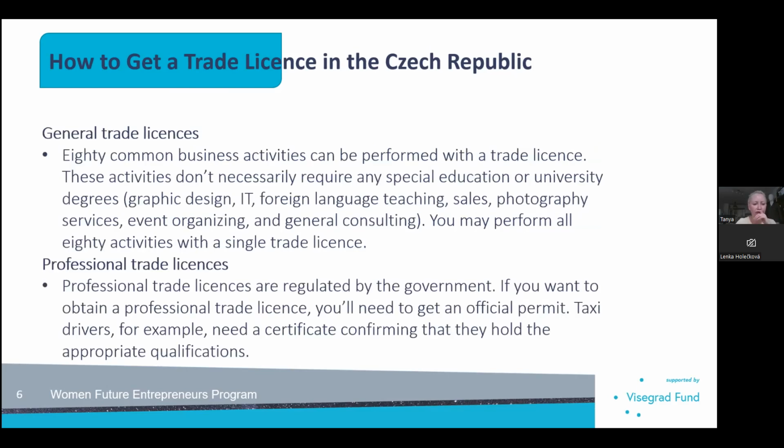So regarding general trade licenses, there are many activities that are included in general trade licenses.